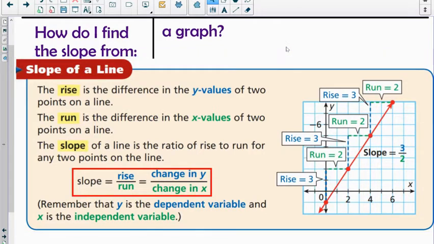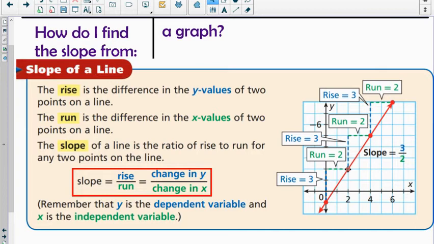until I'm at the same level as my dot. The run is the horizontal change, the difference in the x values, in other words. So this time, if I go up with my rise, from here I want to count what is the run, how many spaces do I have to go until I get over to that red dot.